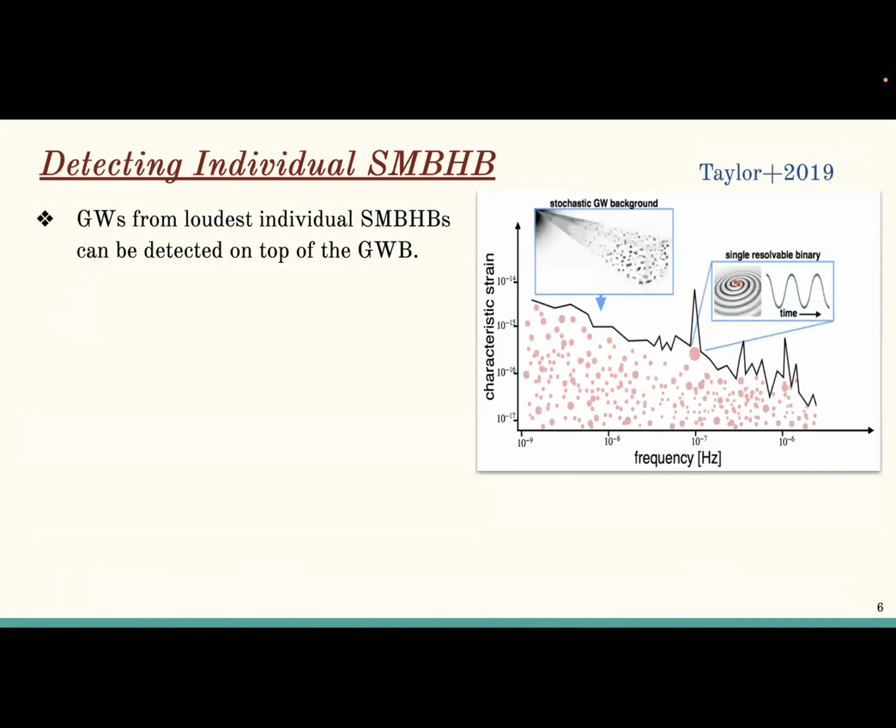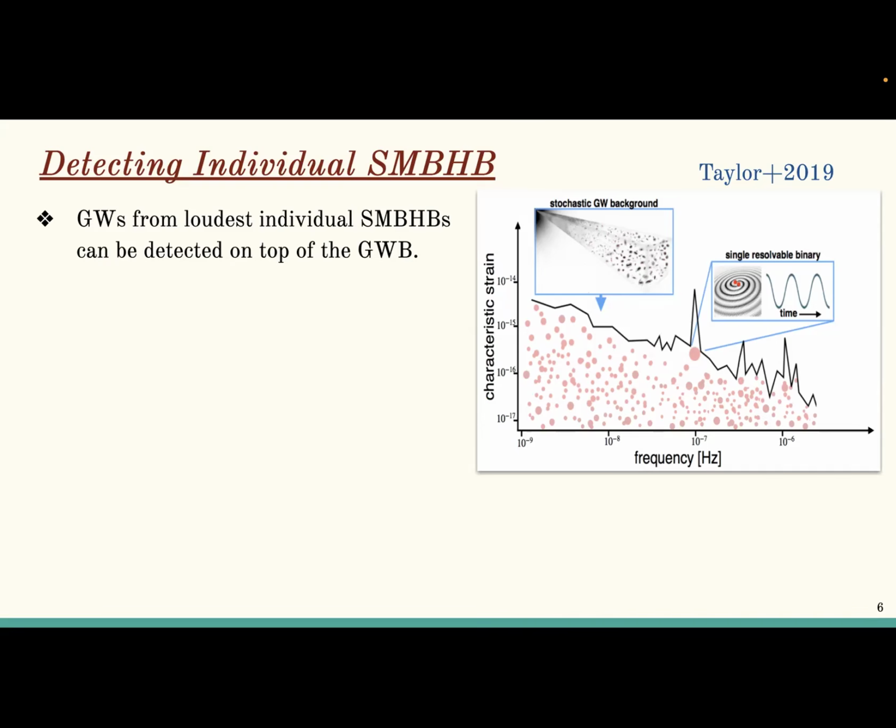Now, if a population of supermassive black hole binaries is indeed the source of this background, then we should be able to detect the loudest supermassive black hole binaries individually. This figure shows that nicely. Again, the x-axis is the gravitational wave frequency, the y-axis is the strain, and each red circle is an individual supermassive black hole binary contributing to the background, shown by the black curve.